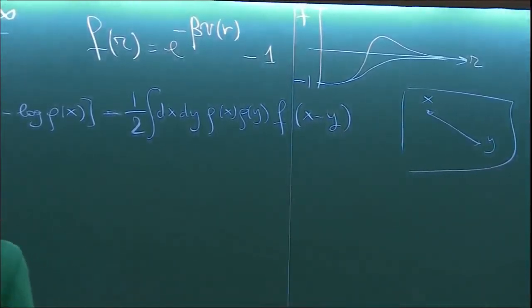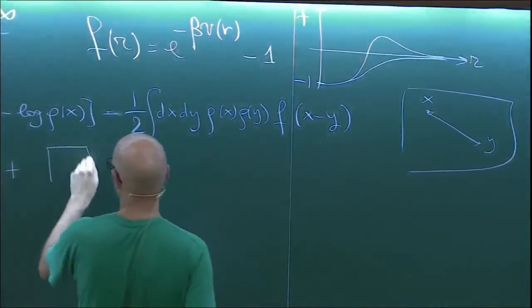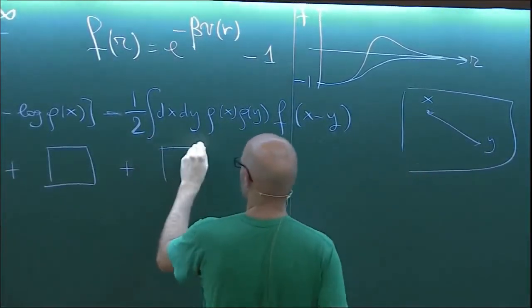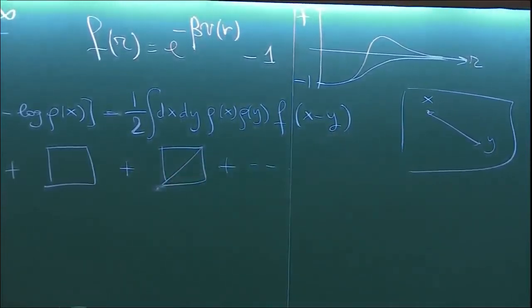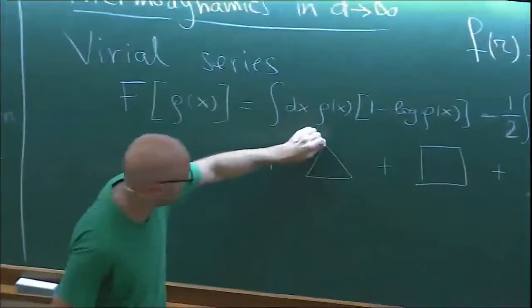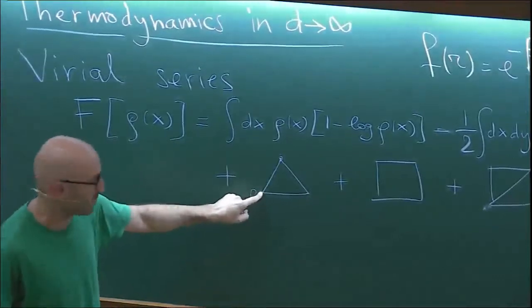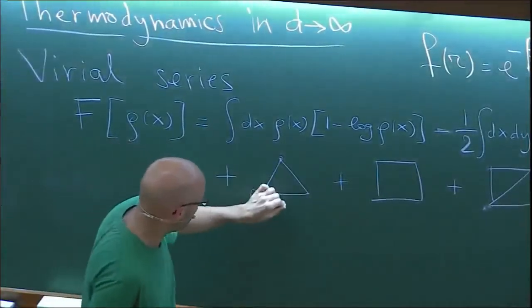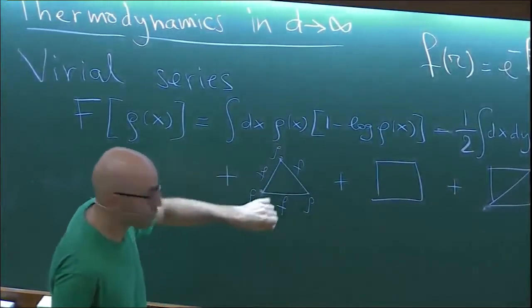And then you have other terms that I'm not going to write, but you can draw diagrams like this, and so on. Each diagram represents a factor of rho on each vertex, a factor of f on each link, and then you have to integrate.